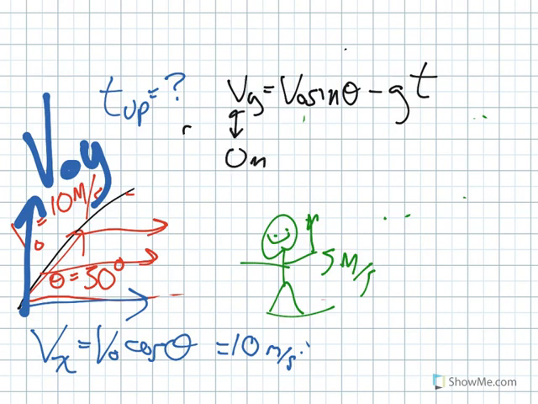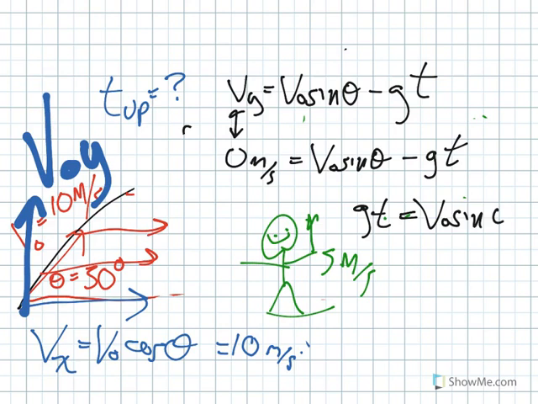It's not moving up anymore. Now solve for T. So let's move the GT over to the other side, making that thing positive. GT is V naught sine theta. That means that the time is V naught sine theta over G.